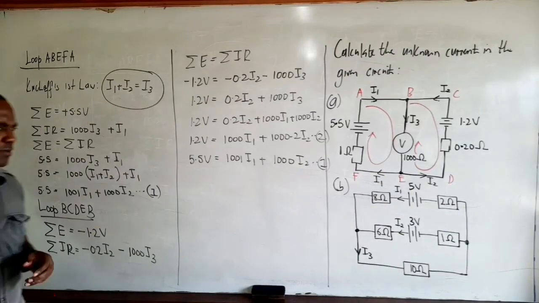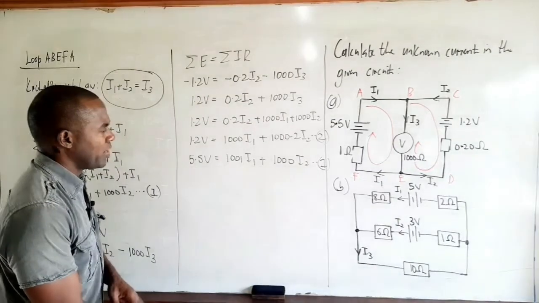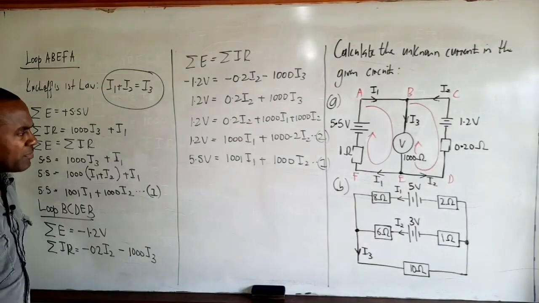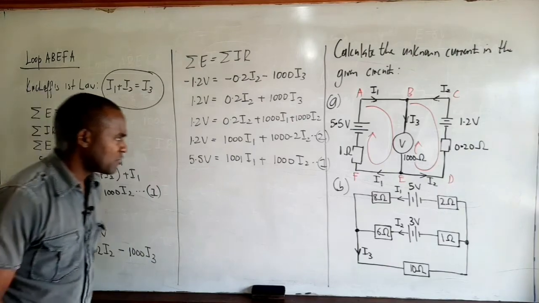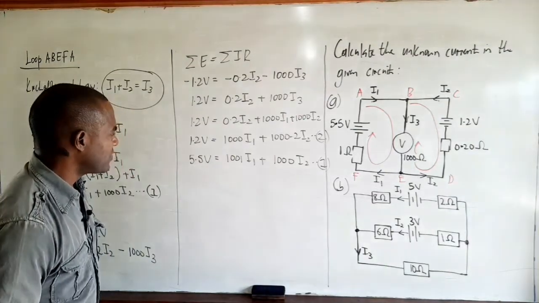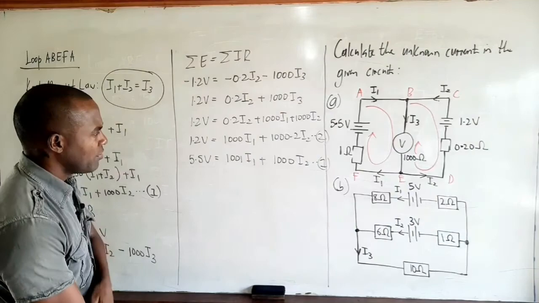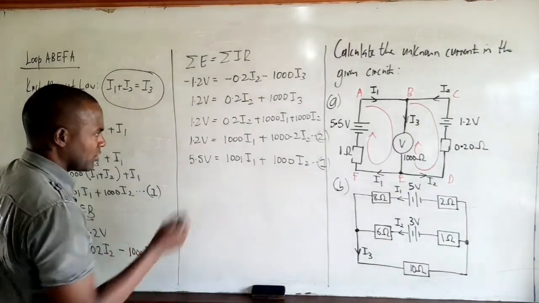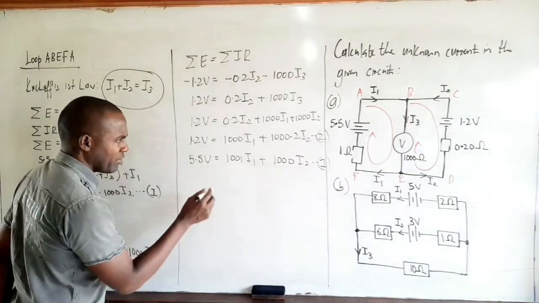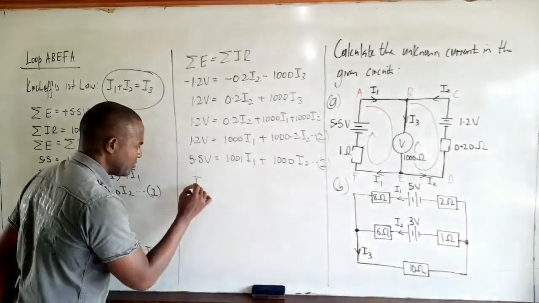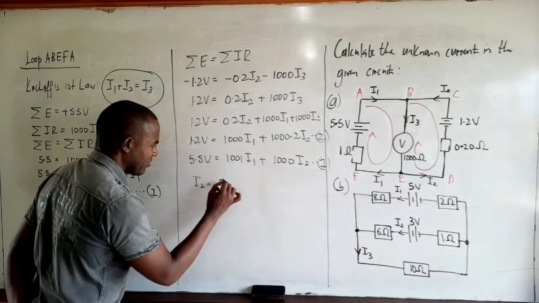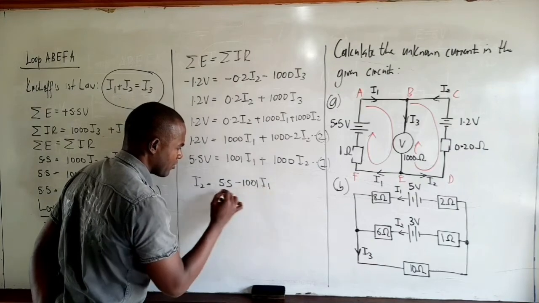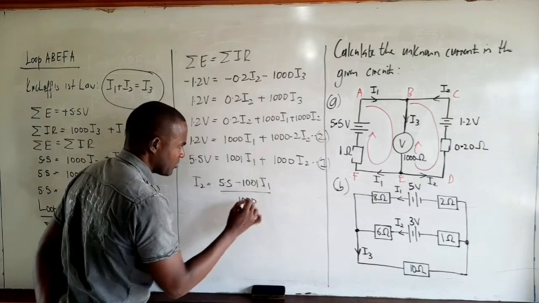Now, in order to solve these two equations, we'll solve them simultaneously. What method should we use? Let's use a method of substitution to make I2 the subject of equation 1. So from equation 1, we will therefore get that I2 is equal to 5.5 minus 1001 I1 all over 1000.